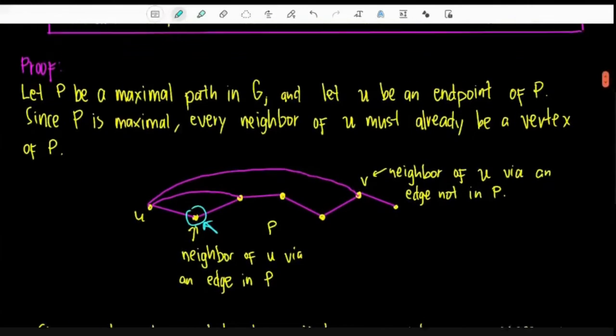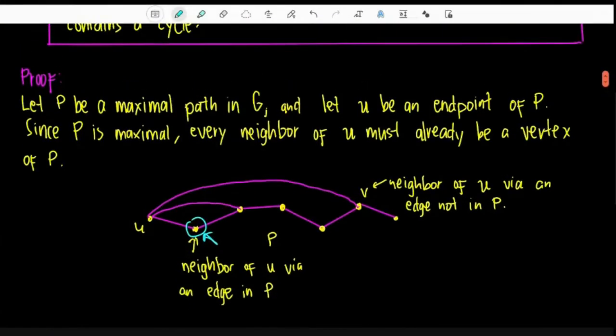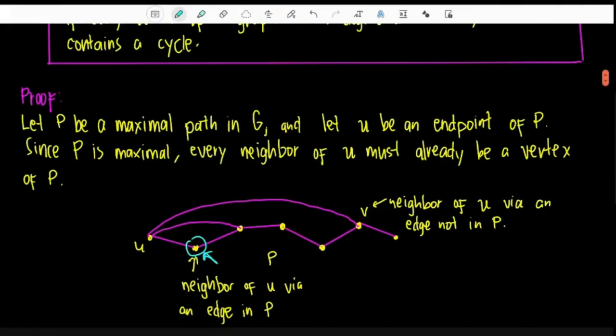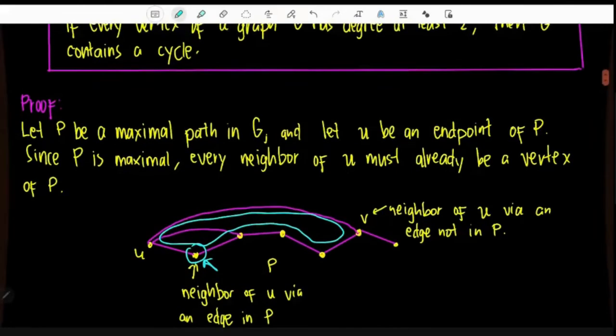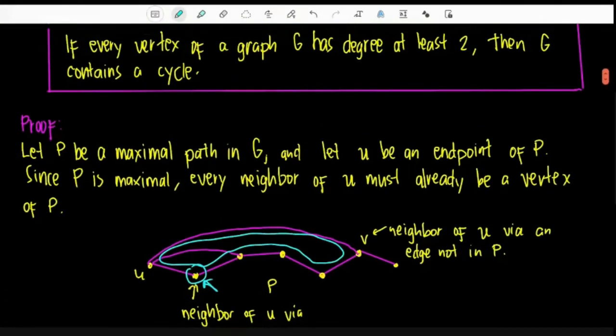We're able to see that yung path natin, right, plus yung UV, yung edge UV, forms a cycle. So, this one forms a cycle. So, every time na meron tayong at least degree 2, lahat ng vertex natin at least degree 2, then we can always form a cycle. Yan.